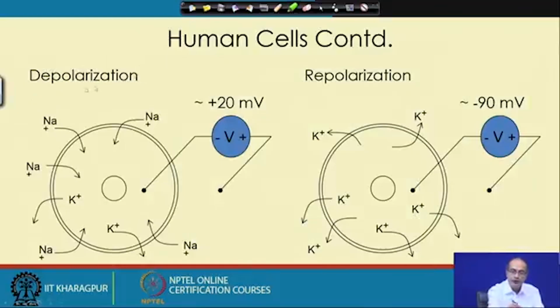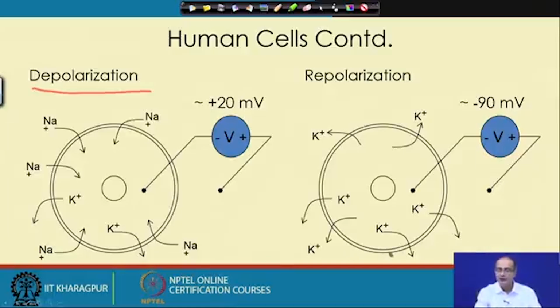Next, once it reaches that plus 20 millivolt inside, suddenly the characteristics of the cell membrane change, and again it becomes impervious to the sodium ion. So, what happens at that stage?